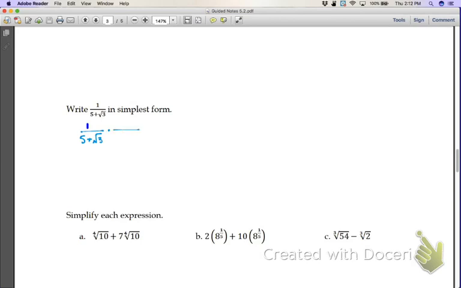Nope, more than that. 5 minus the square root of 3. Okay? Remember, we always go with the conjugate of my value. So if it's a plus, I've got to go with a minus so then I can get rid of everything.